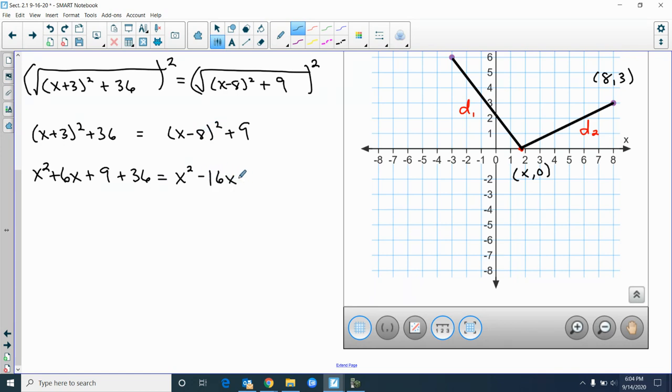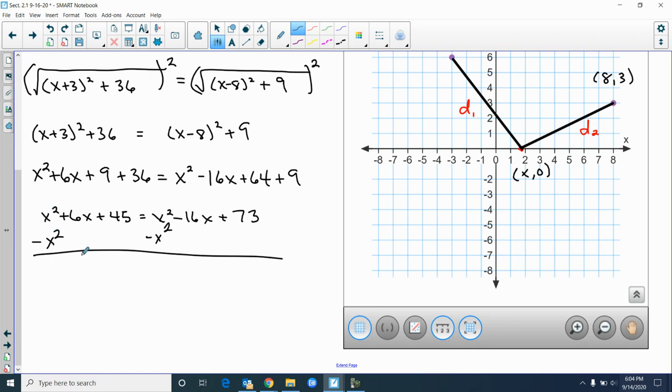Minus 16x plus 64 plus 9. All right, just simplifying over there. x squared plus 6x plus 45 equals x squared minus 16x plus 73. Well, one good thing we notice here, we do have an x squared on each side, but since it's just an x squared, if I subtract x squared, that will cancel out, and it just leaves me 6x plus 45 equals -16x plus 73.